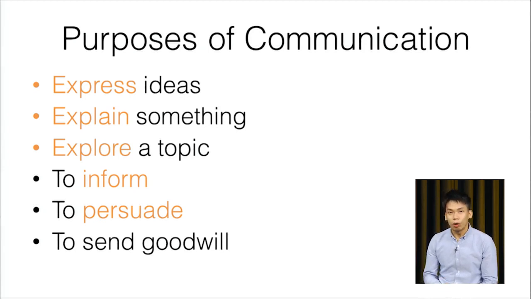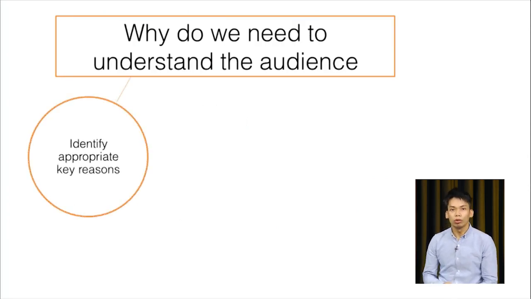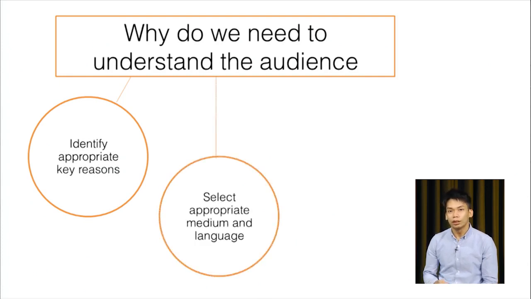Understanding the audience is important because of three main reasons. Firstly, when you know the audience well, you'll be able to identify appropriate key reasons to persuade them, either by appealing to their reason or their emotions. The second reason is because when we understand the audience, we also would be able to select the most appropriate medium and language in terms of tone to communicate with them.